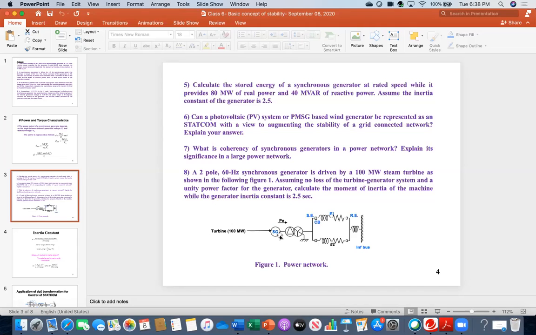But the synchronous machine rating means basically the output rating that you have to find out. That's the tricky part, the only new part compared to the previous problems. So I hope everybody will be able to solve similar problems in the upcoming midterm exam.